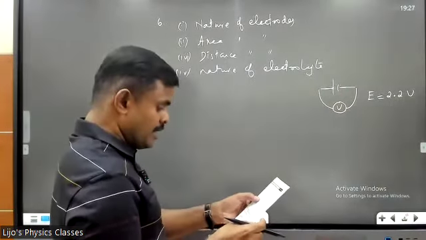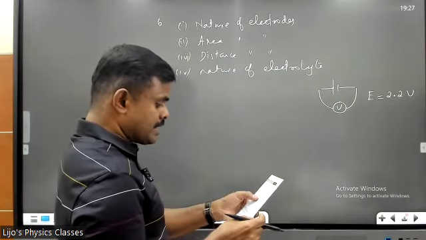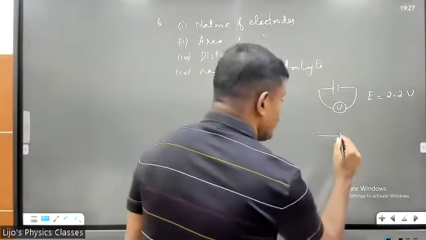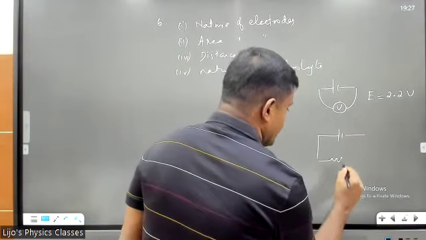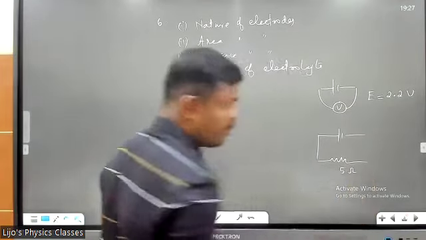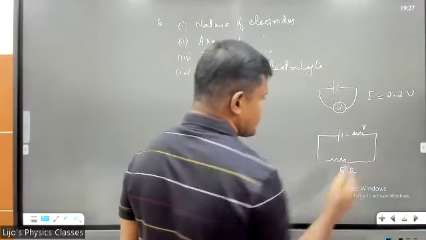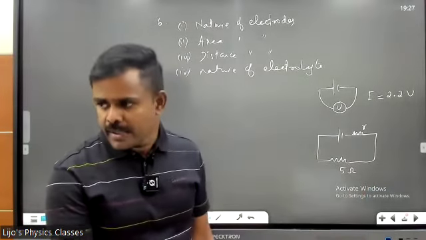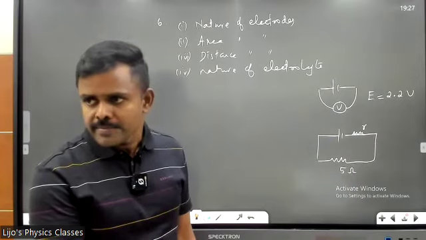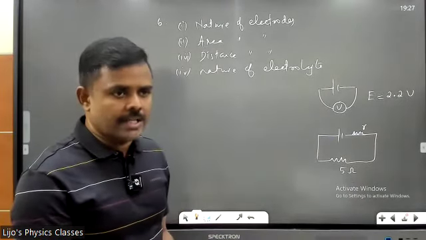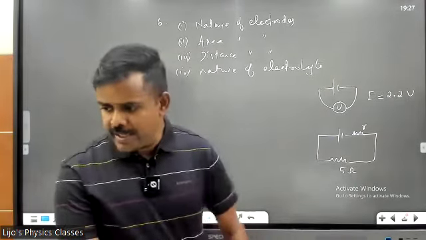The second case is when the terminals are connected to a resistance of 5 ohm. Automatically an internal resistance will develop, right? This is called a closed circuit. For those who missed yesterday, I'm repeating this.